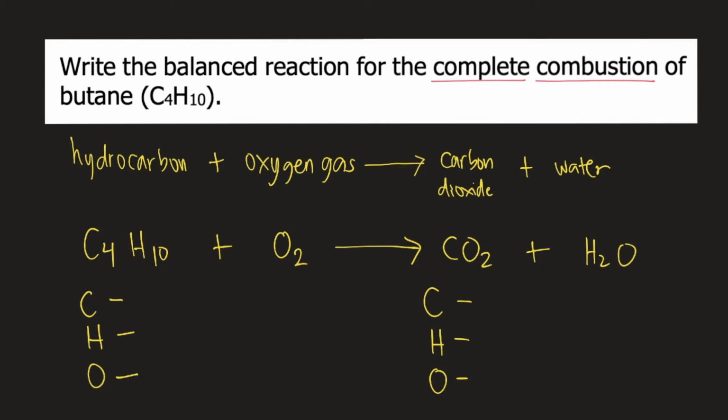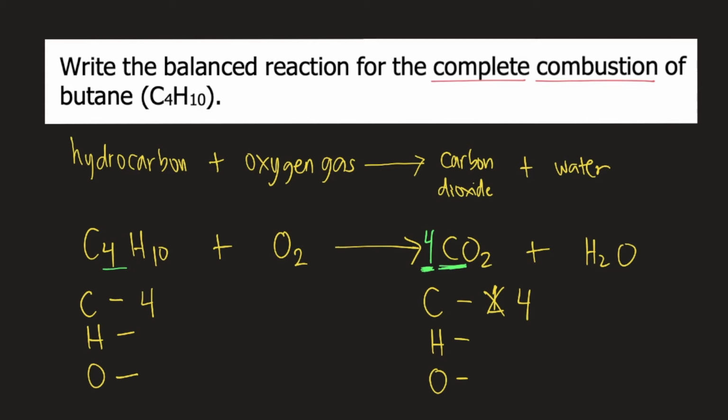So let's count the number of carbons on the left side. We have 4. And on the right side, we have 1. So how do we balance carbon? We put the coefficient 4 on carbon dioxide. So that 4 times 1, that's equal to 4. So carbon is already balanced.